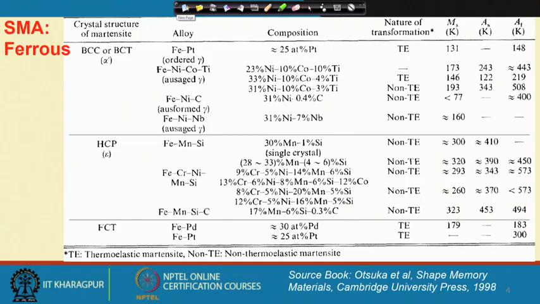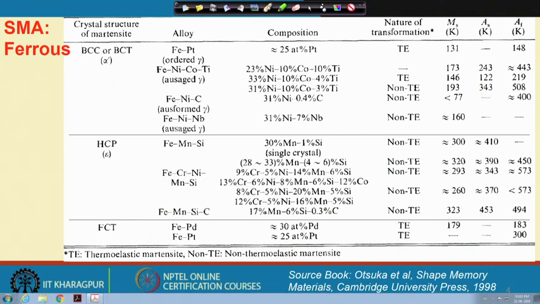So, here I show you a summary of all the ferrous shape memory alloys that have been discovered so far in different systems. A very interesting system is the iron platinum system. It is an ordered austenite phase, and people observe such a shape memory effect where the composition range is somewhere like 25% platinum.